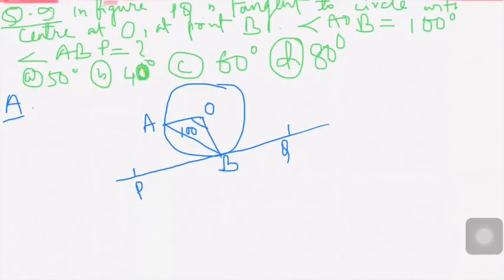Question number 9. In the figure, PQ is tangent to the circle with center O at point B. Angle AOB equals 100 degree.